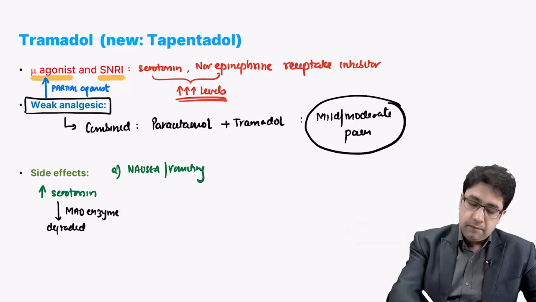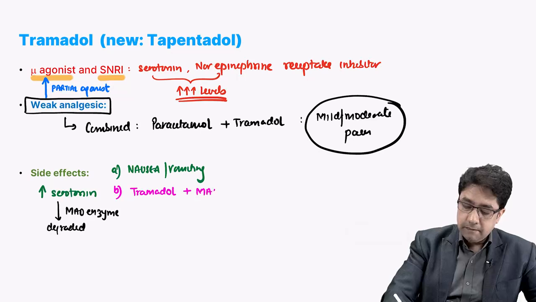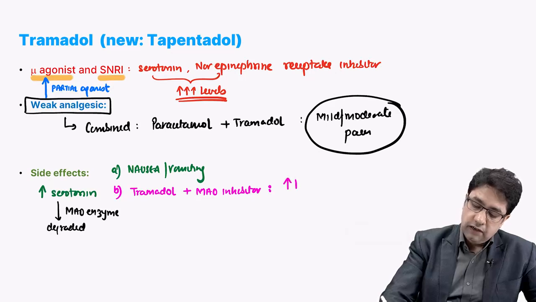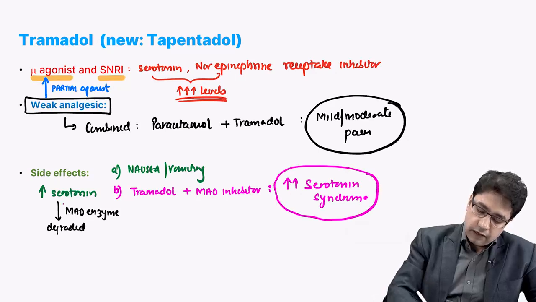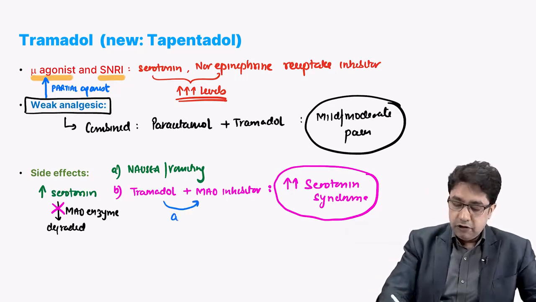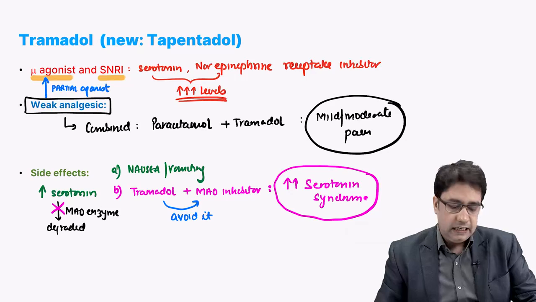So if we give an MAO inhibitor, tramadol should never be combined with an MAO inhibitor. Why? Because the levels of serotonin will increase drastically. It will lead to serotonin syndrome. So we should avoid combining tramadol with an MAO inhibitor. It will lead to serotonin syndrome, which can be very dangerous.